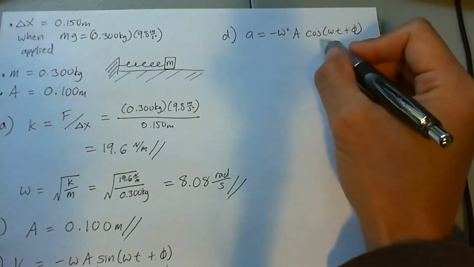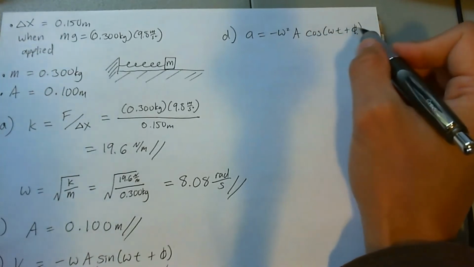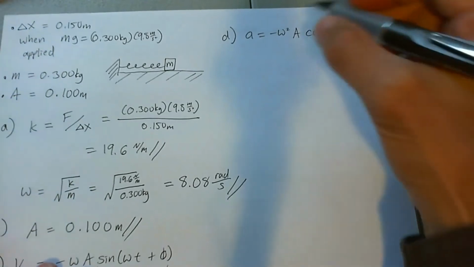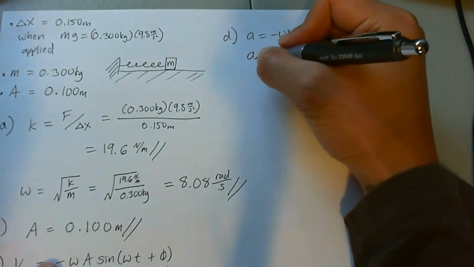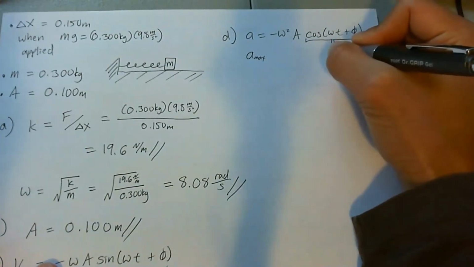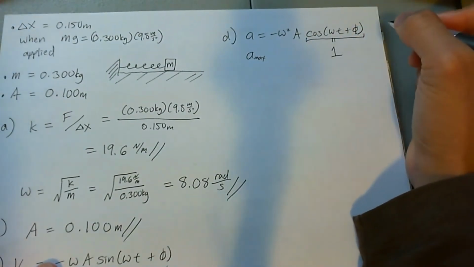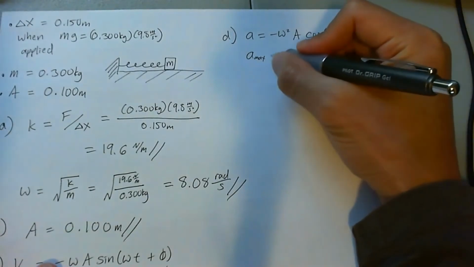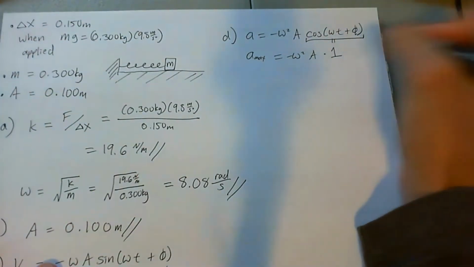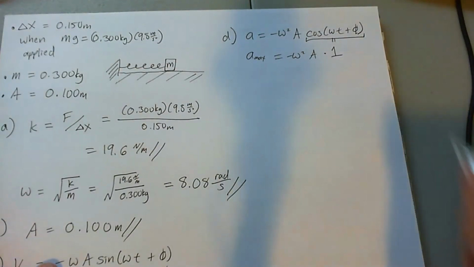Again, cosine, just like sine, oscillates between 1, negative 1, 1, negative 1, and so forth. So if you want to get a max, you say that this entire function just becomes 1. That's the maximum it could ever become. So a max is equal to negative omega squared A times 1.